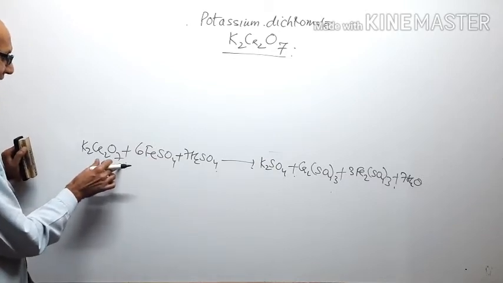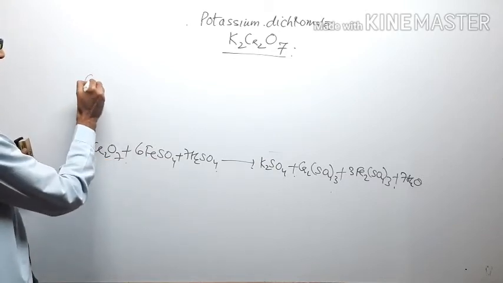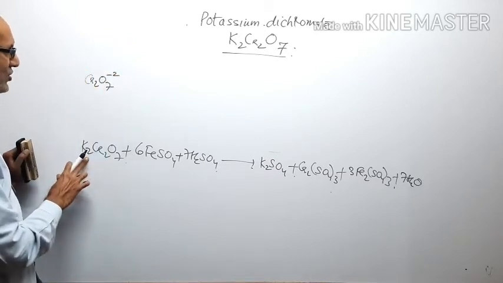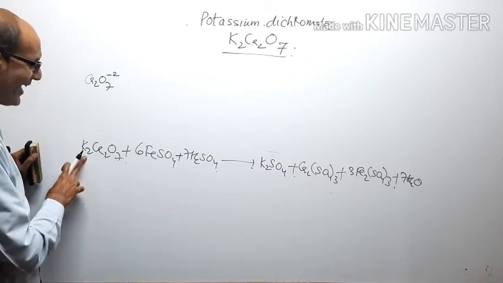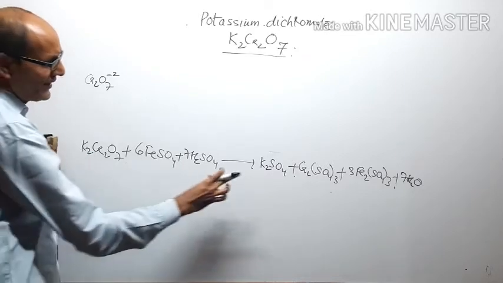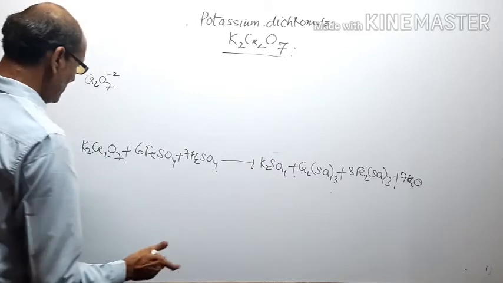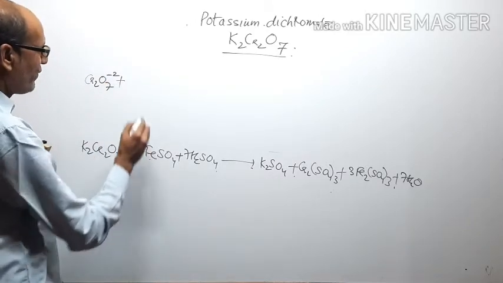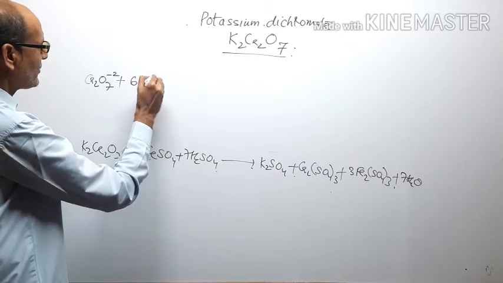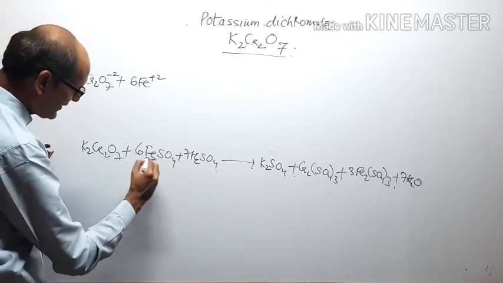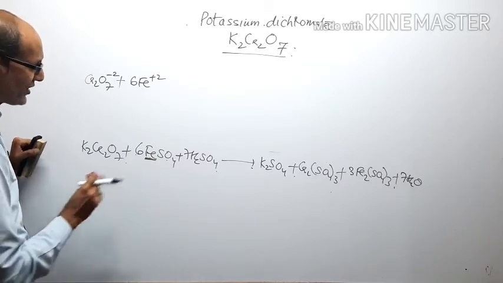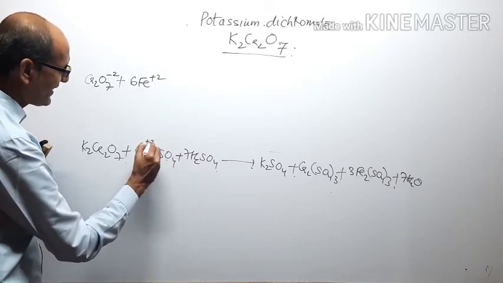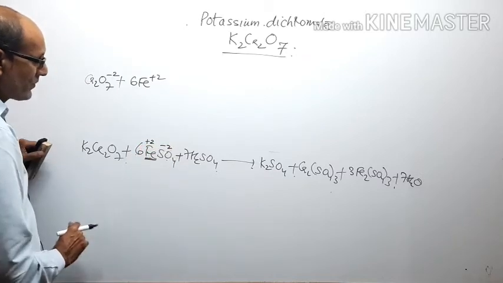So you will get Cr2O7 2-. K+ I have removed. On this side there will be 2K+ and on this side also 2K+. Plus you are seeing 6Fe2+. Here Fe is in the second oxidation state, because in FeSO4 its oxidation state is +2 and sulfate is -2.